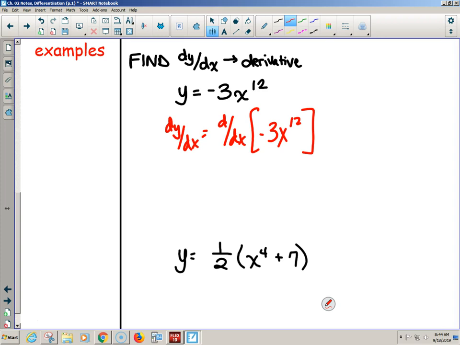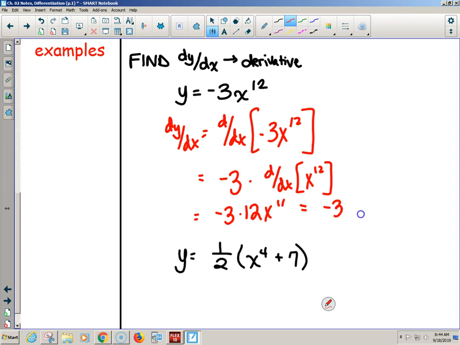Isn't there a constant multiple rule that says I can bring that -3 out? Yes. And then it's the power rule. So I bring down the 12, and it's x to the 11. So what's my derivative going to be? -3 times 12 is -36 x to the 11.